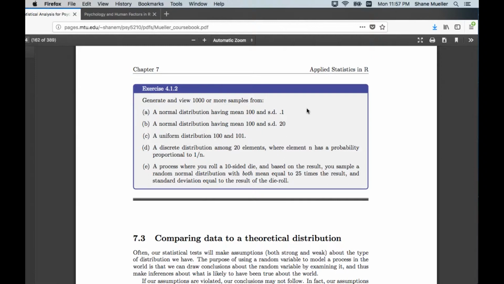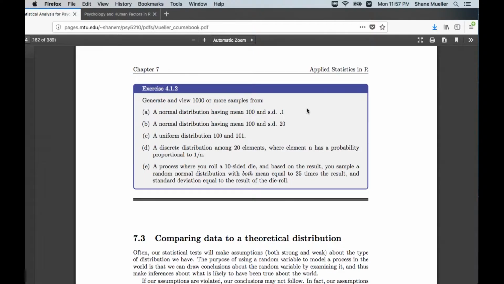That's really the approach we'll tend to take in this class, or in this book: rather than making a proof of convergence or calculating the integral of the area underneath some random variable, we will look at these through simulation, through Monte Carlo simulation. So we'll run a bunch of samples from these things and look at their properties visually or through other means. Here are a few exercises that you should be able to do.